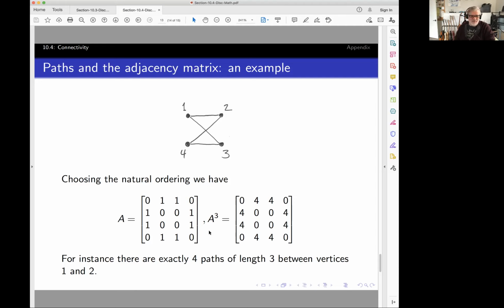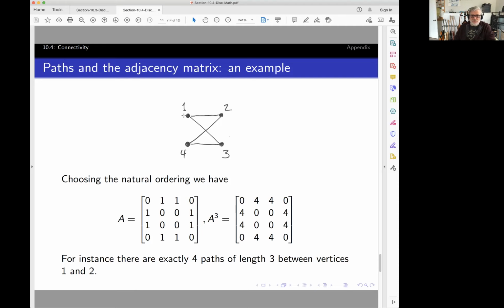So if I'm looking for paths of length 3, the number of paths of length 3 between any two vertices is given by this matrix. Let's say I want the number of paths of length 3 between 1 and 2. I look at the entry 1, 2, and this tells me that there are 4 paths of length 3 between 1 and 2.